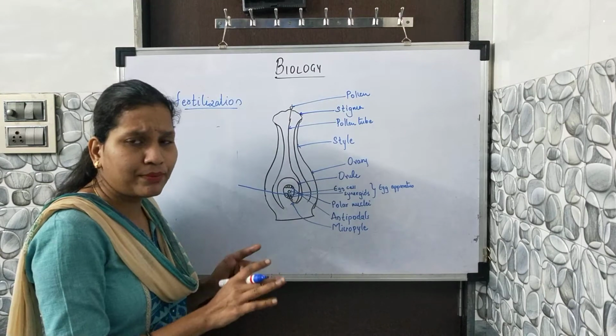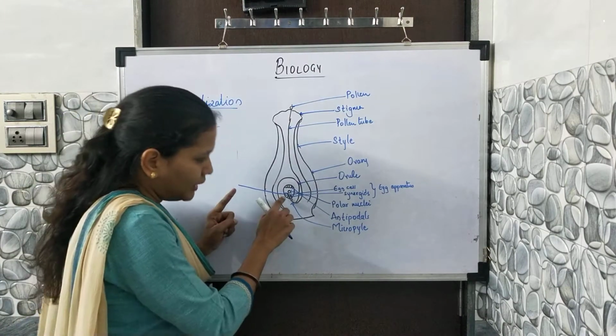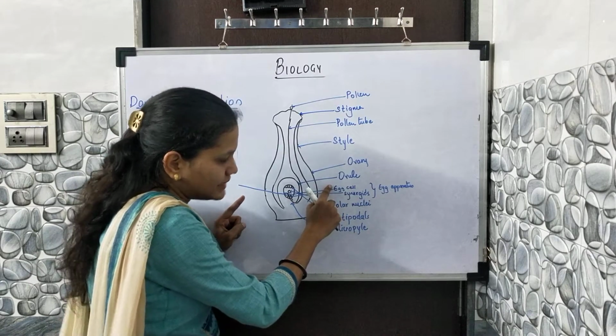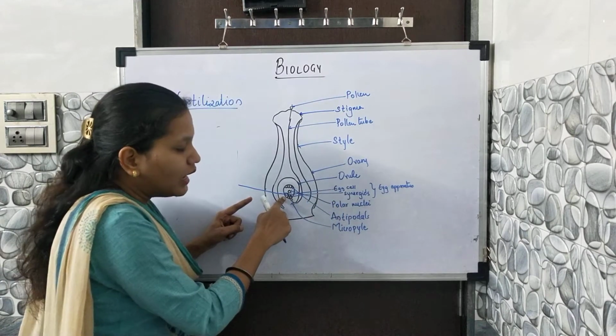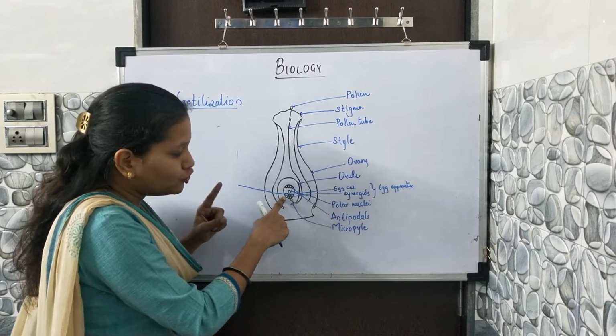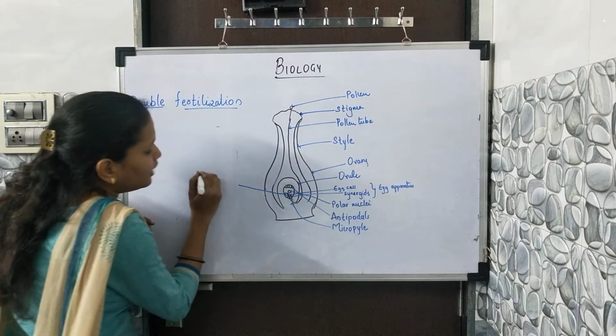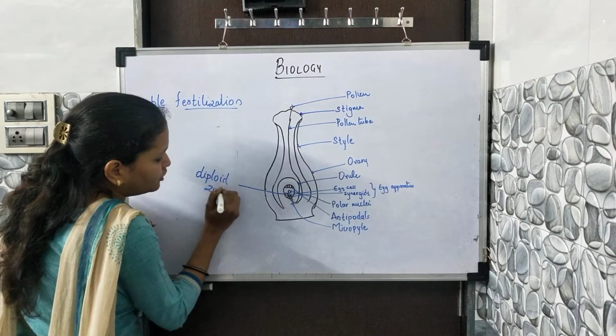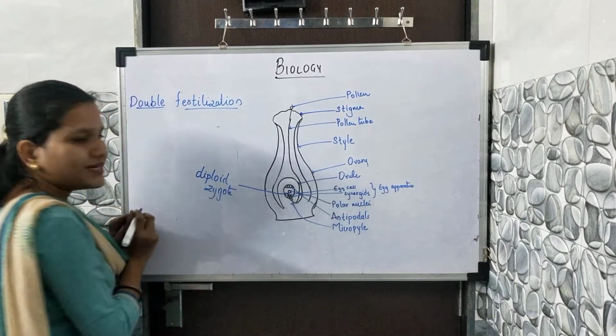One haploid male gamete and one haploid female gamete, the egg cell, are going to show fertilization, which gives rise to the diploid zygote.